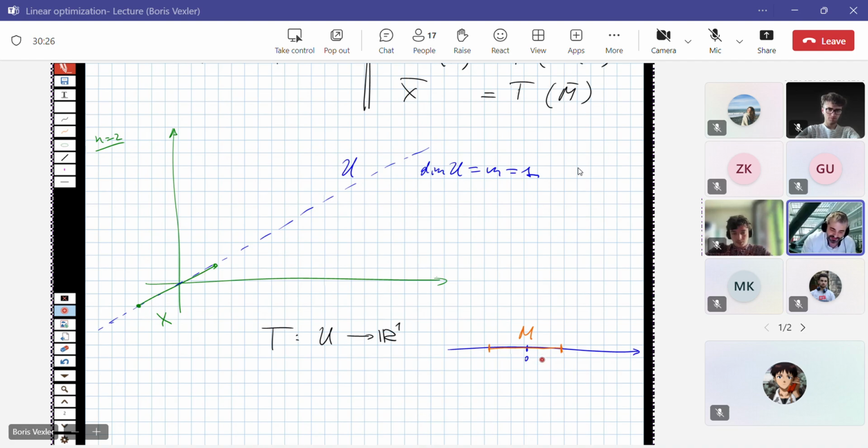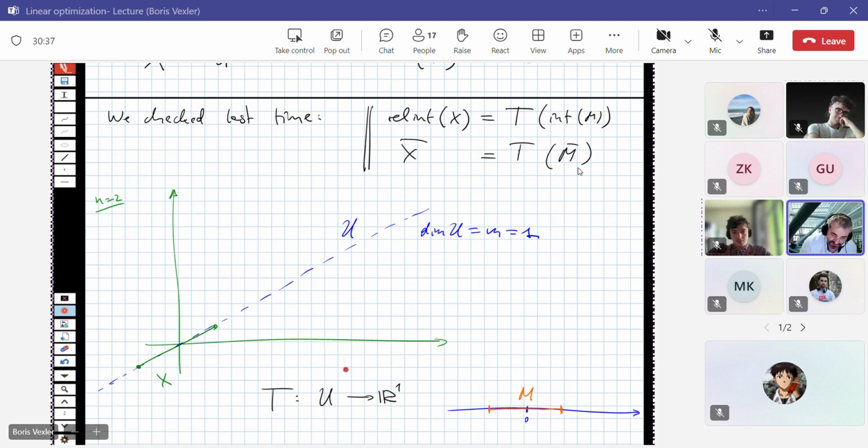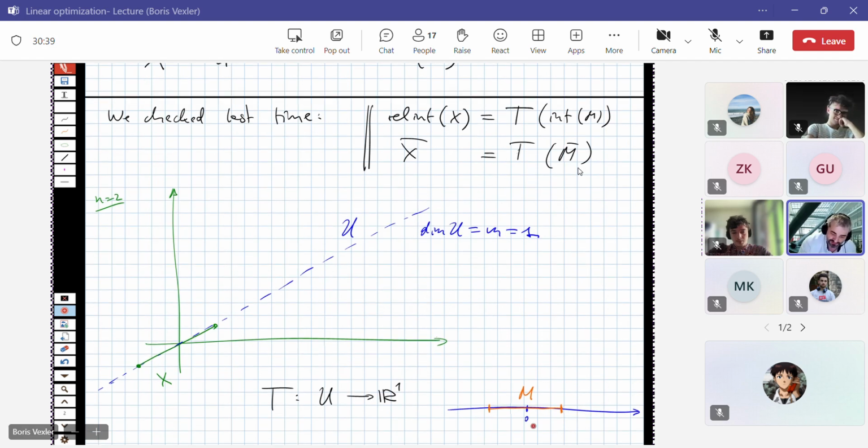Then you can imagine, again, this is set X and this is set M, and this corresponds to this, and the relative interior of this corresponds to the real interior of this, and also the closure of this will correspond to the closure of this, and so on.